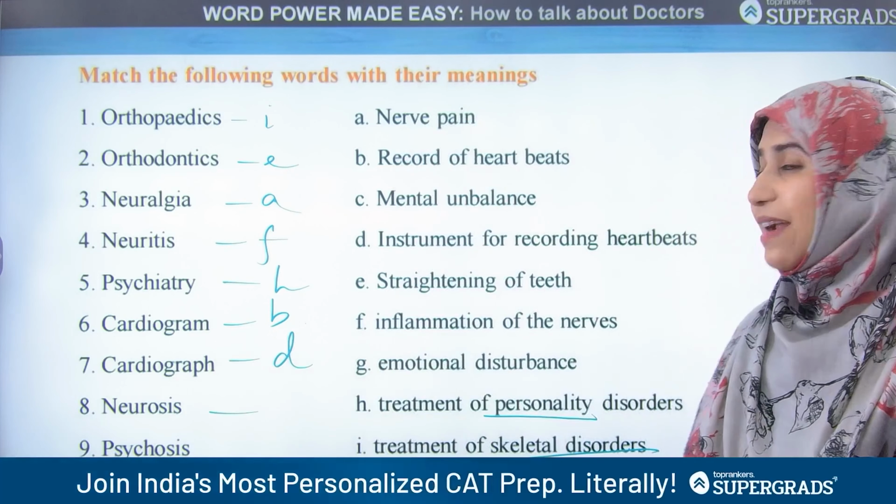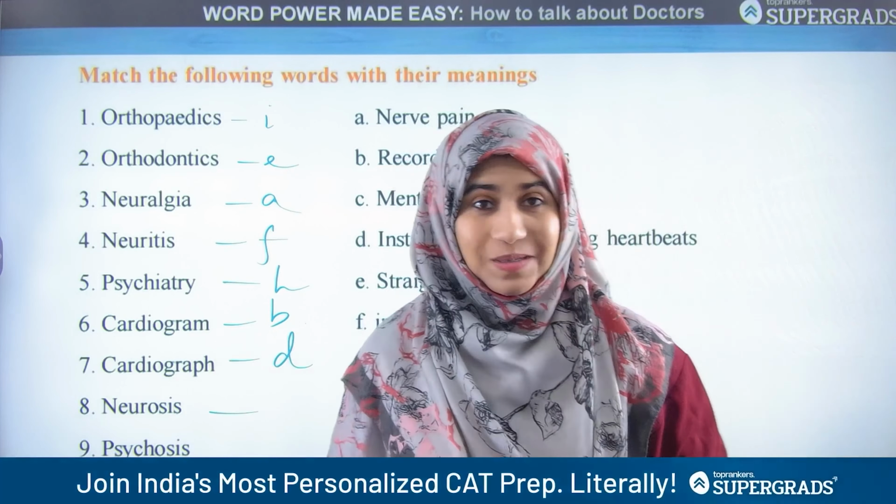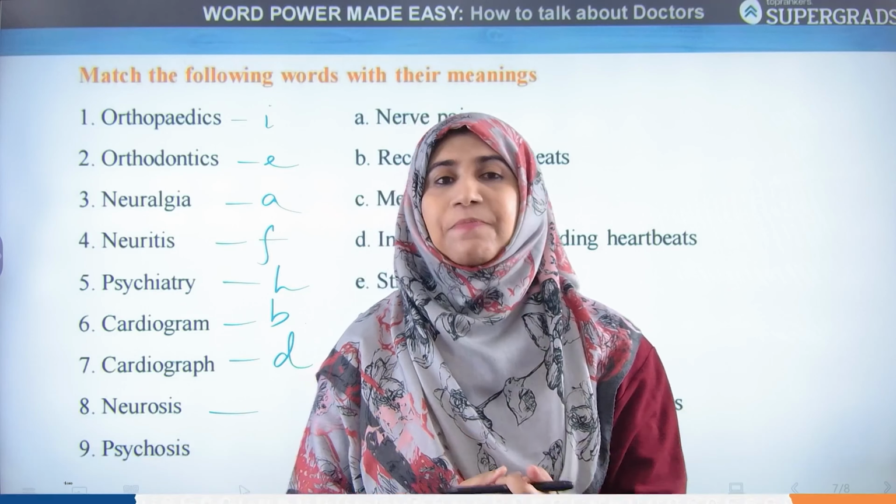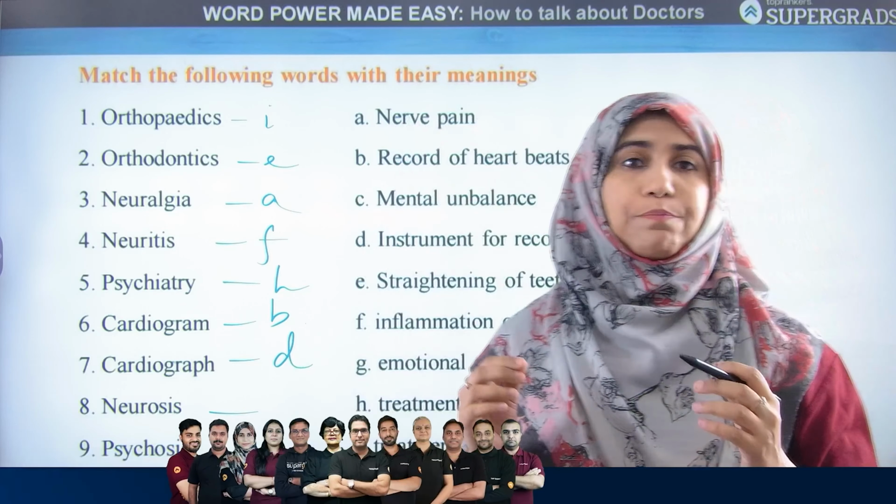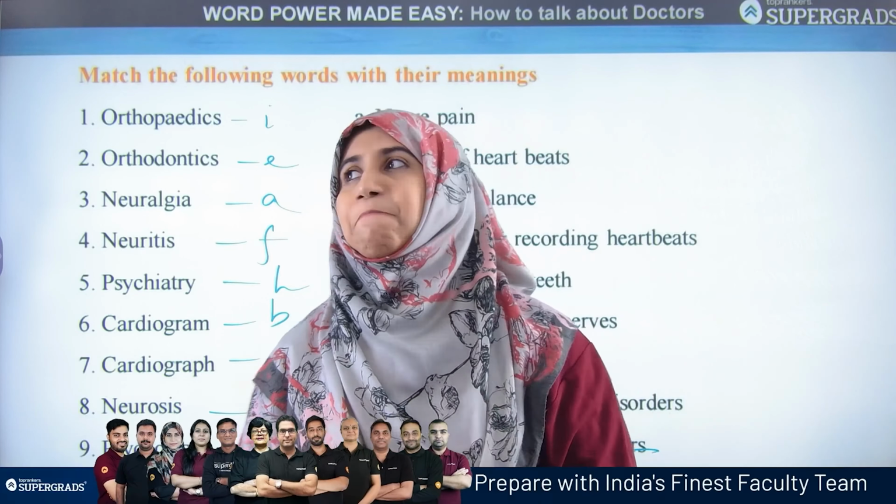Neurosis and psychosis. Now, can you discern the difference between these two words? Because they're very overlapping kind of words. They look very similar, but there's a problem actually. If you don't understand that psychosis is something very serious, you will be muddled up between the two. Psychosis is a very serious, fully blown mental problem. This is a clinical problem.